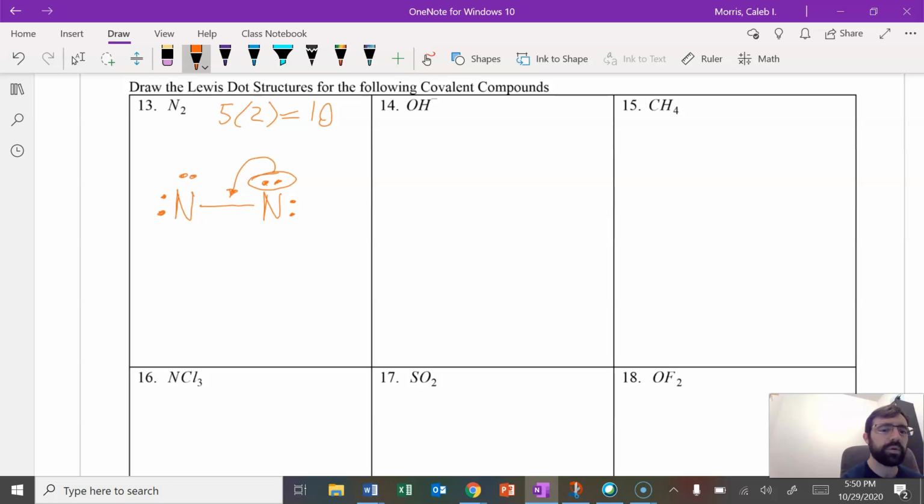So the one on the left would be happy, but not the one on the right. So that means we've got to have the one on the left also share 2 electrons so that they can both be satisfied. So they're both going to do some sharing. We'll end up with a triple bond, or 3 bonds between them.